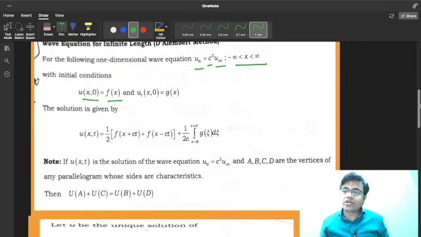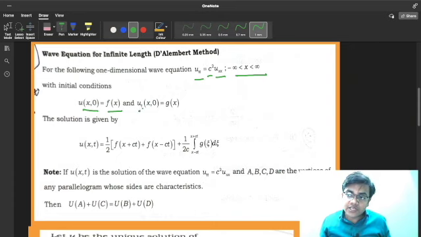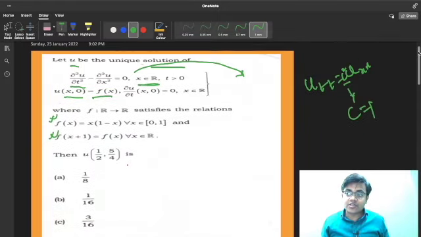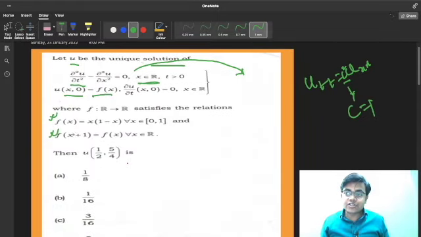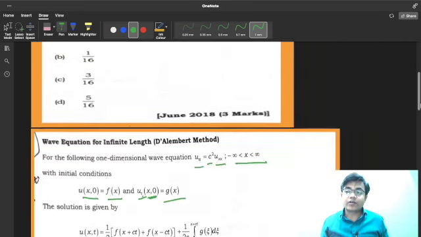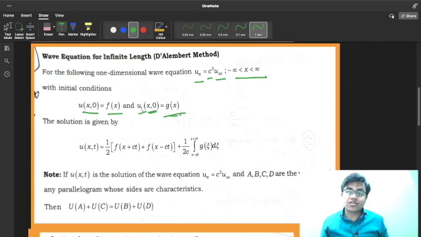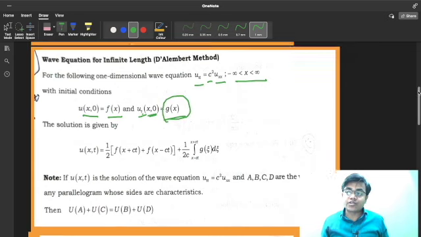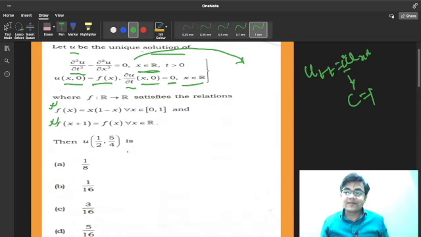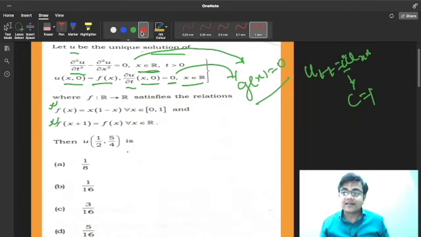Thereafter, in the theory portion, you can see ut at (x, 0) is equals to g of x. Here ut means del u by del t at (x, 0), and this is equals to 0 for all x belongs to R. This is already given in the question as well, and your g of x is 0. You are very fortunate, because if g of x is 0, the calculation becomes very easy.